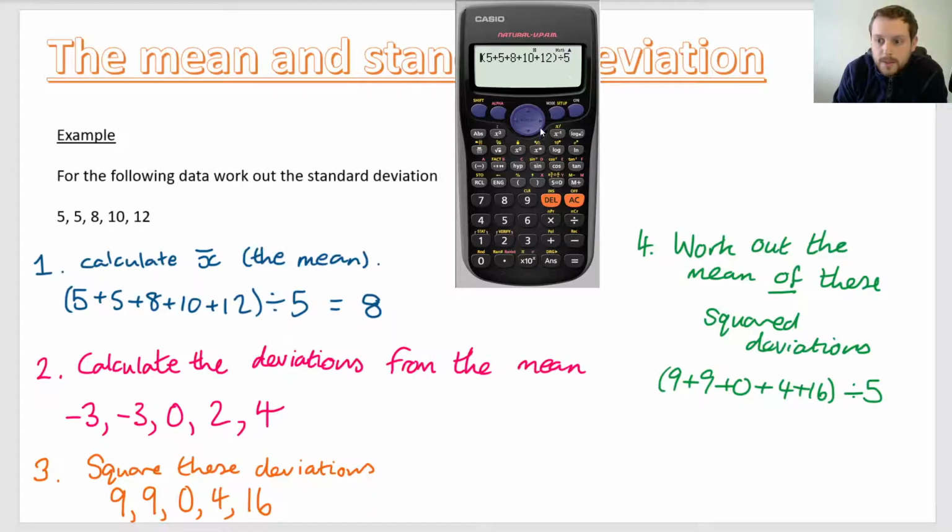So let's do that. So that is 7.6. So that's actually the variance.